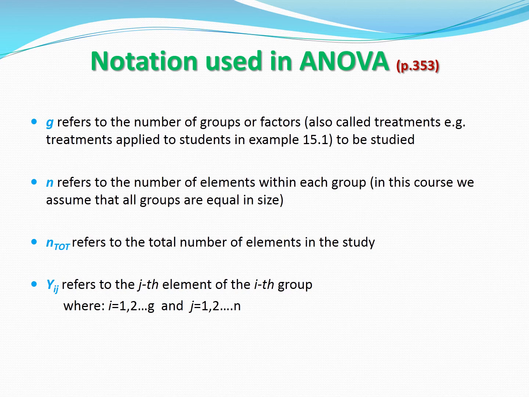Then the total refers to the total number of elements in the study. So in example 15.1, that will be the 20 students. Then Yij refers to the jth element in the ith group. So that means that all 20 students can be numbered in the different groups.